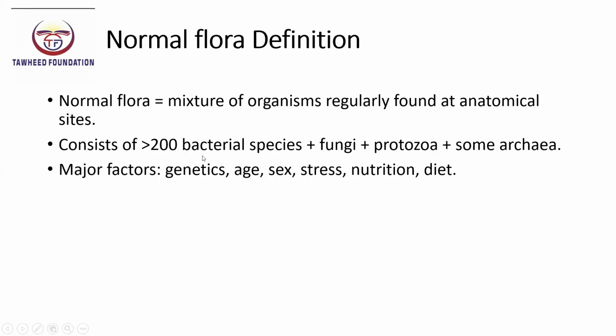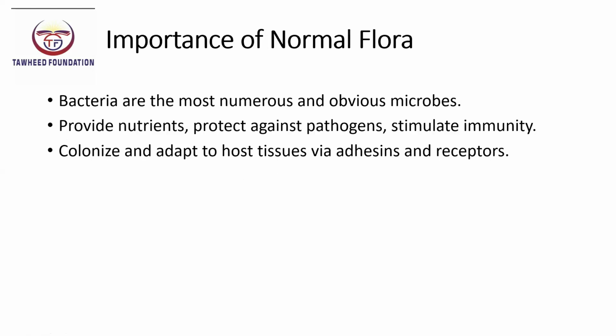The makeup of the normal flora depends upon various factors including genetics, age, sex, stress, nutrition, and diet of the individual. The normal flora of humans consists of a few eukaryotic fungi and protists and some methanogenic archaea that colonize the lower intestinal tract. But the bacteria are the most numerous and obvious microbial components of the normal flora.